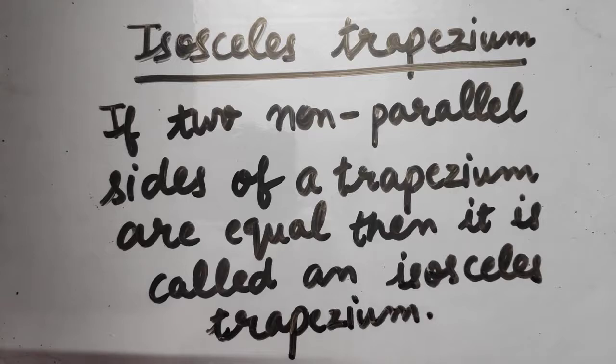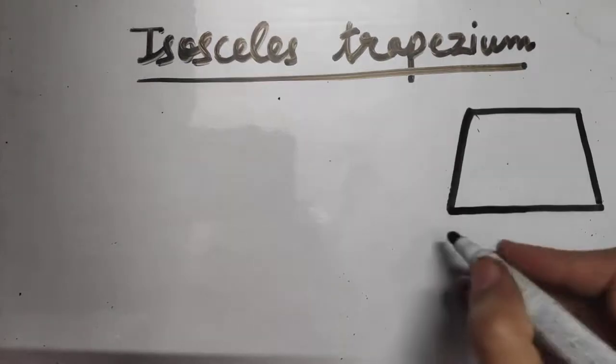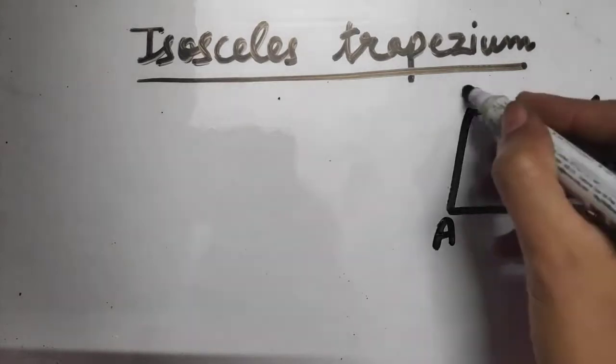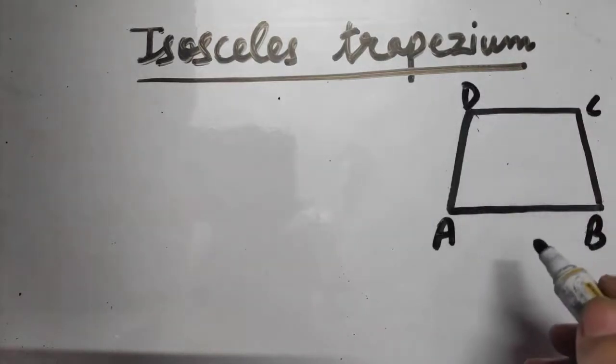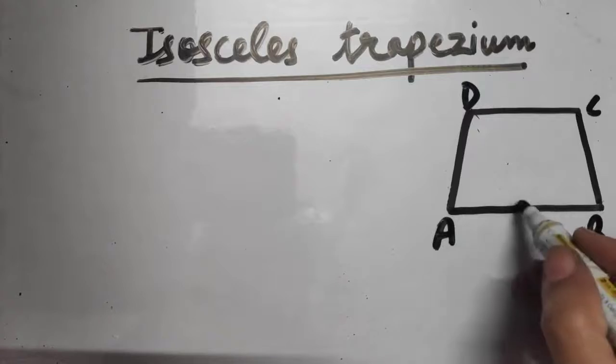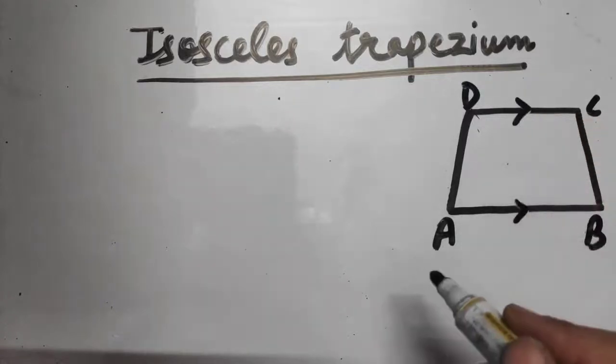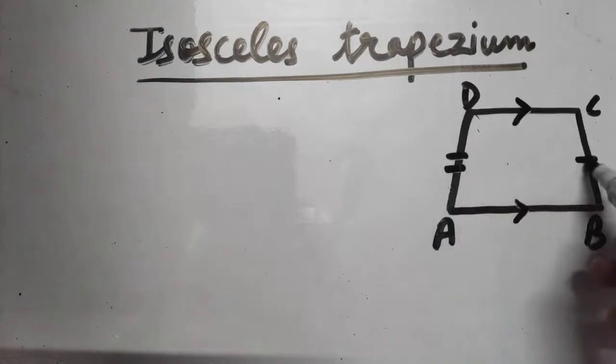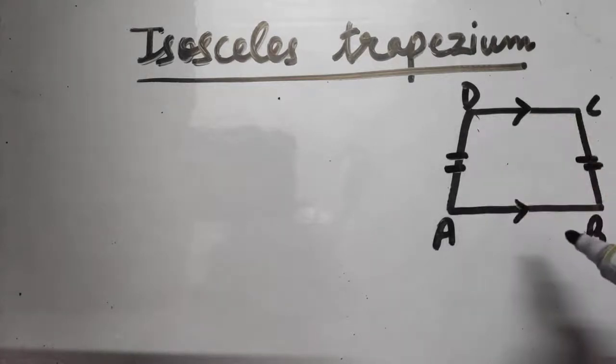Let us see now the figure of this isosceles trapezium. So this is an isosceles trapezium A, B, C, D. Now in this, AB is parallel to DC and AD is equal to BC. So ABCD is an isosceles trapezium.